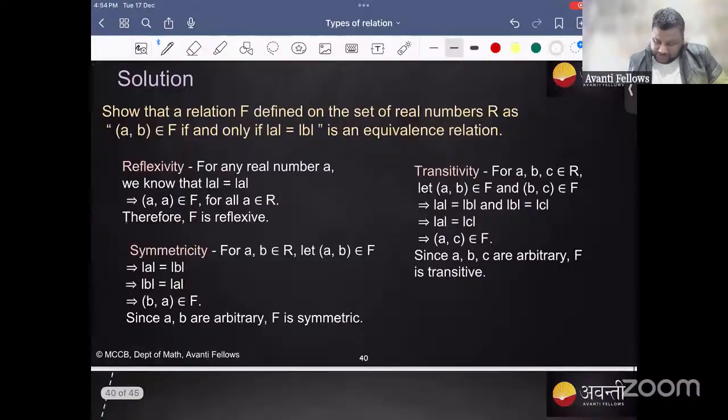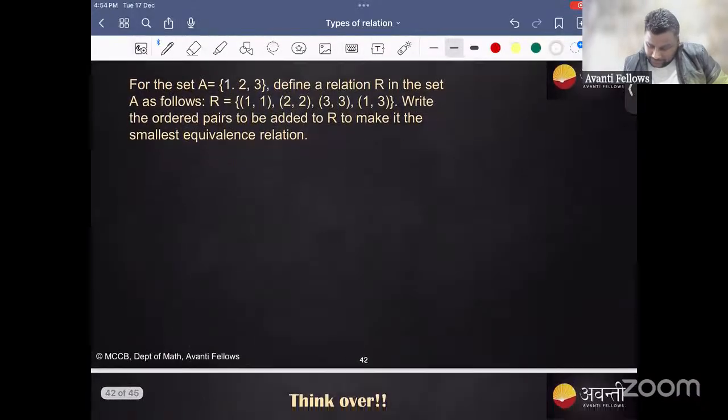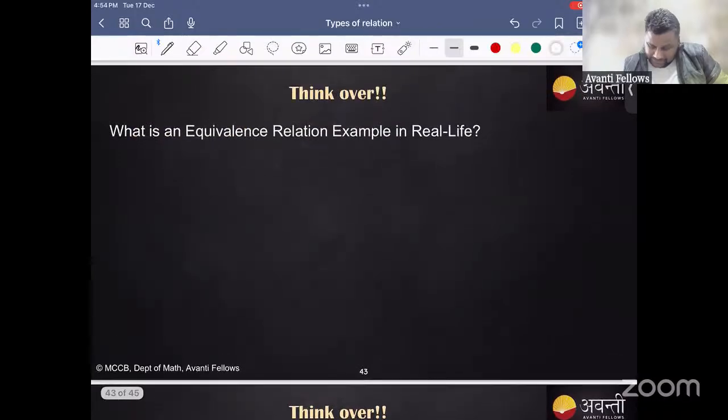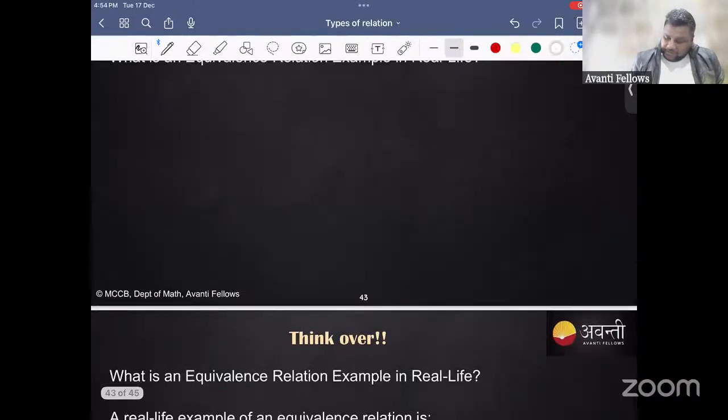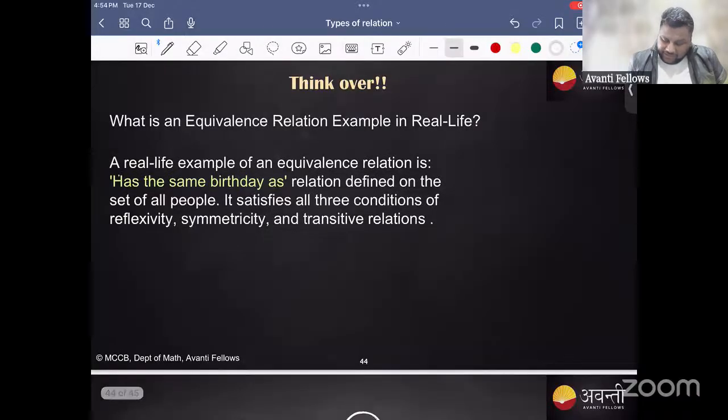Now see an example. Let us take a real life example. A real life example of an equivalence relation is 'has the same birthday as'.